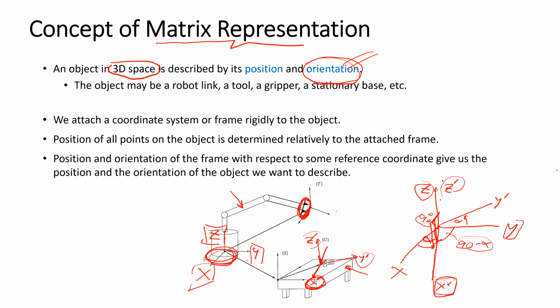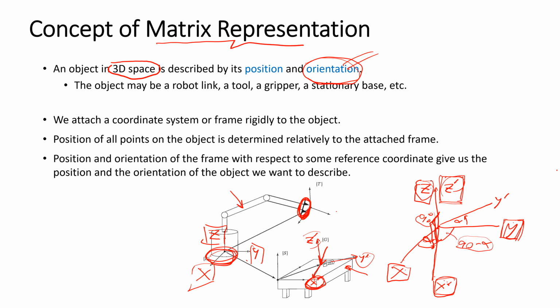And what if we want to tell the information of the Z prime axis? The Z prime axis makes 90 degrees with the global X. The Z prime axis also makes 90 degrees with the global Y axis, and it makes 0 degrees with the global Z axis.